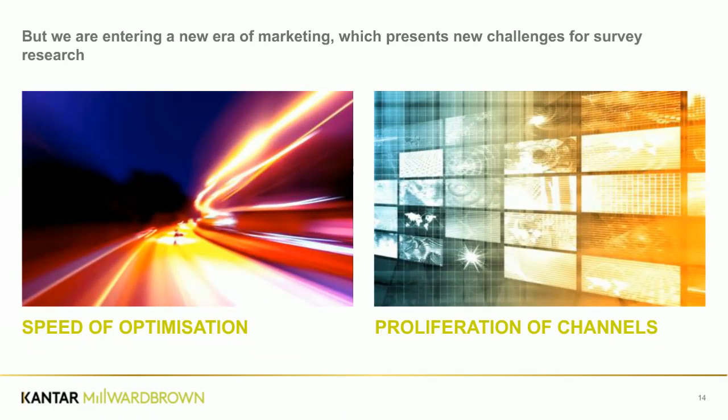But we're entering a world in which this kind of survey-based modelling that we've historically used and has become very important for a lot of our clients isn't really cutting it anymore. So gone are the days of being able to plan and buy campaigns 6 months in advance. We're now having to optimise campaigns much more quickly and across many more channels.